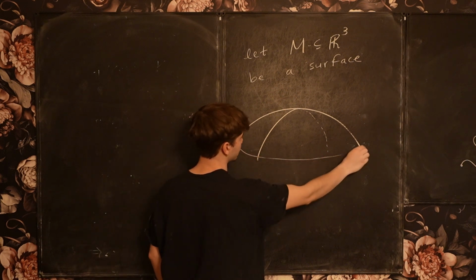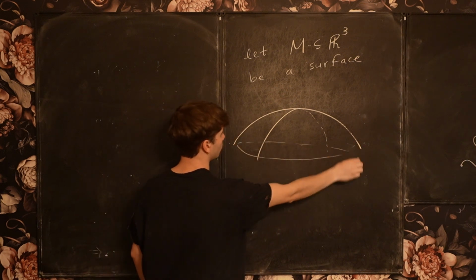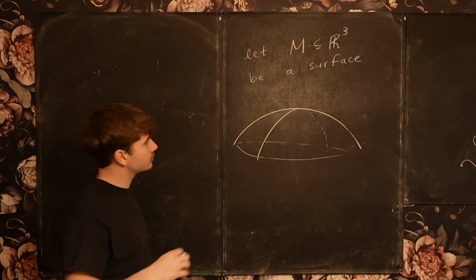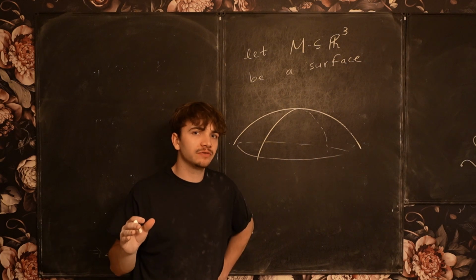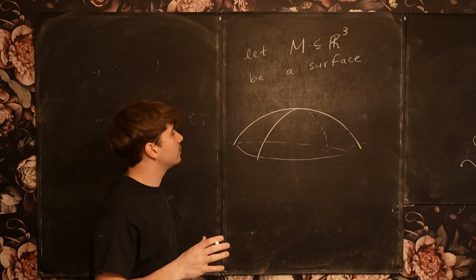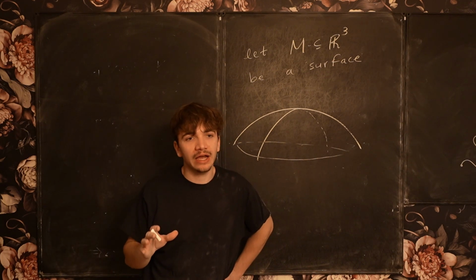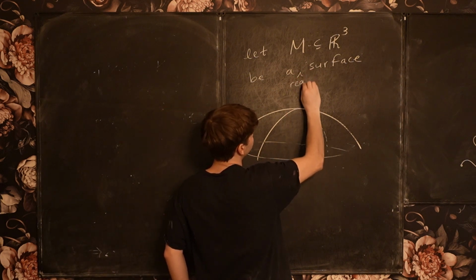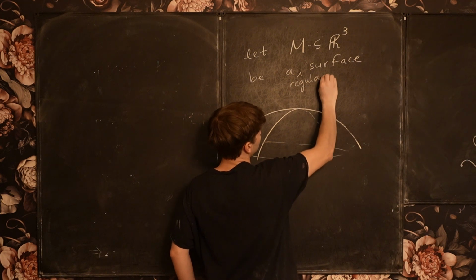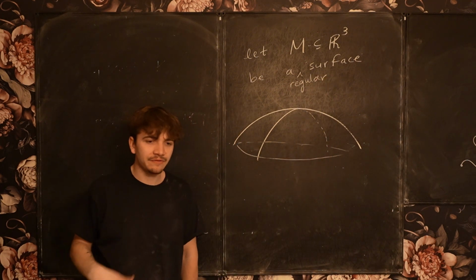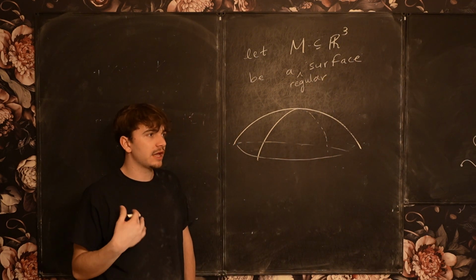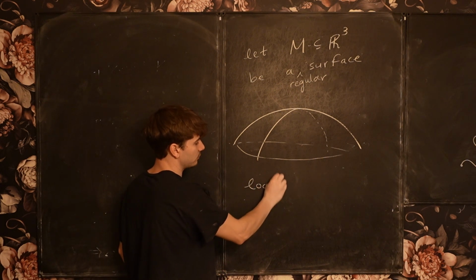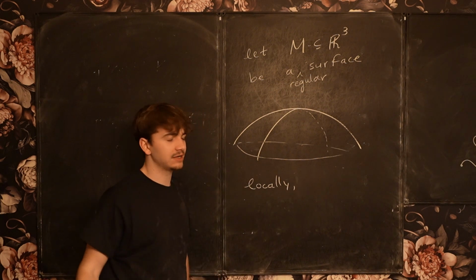Let's just draw a picture here. Okay, so we have some surface. Now, I want to understand the curvature of this surface. And locally speaking, we actually want this to be what's called a regular surface. And then the idea is that if you've taken manifolds, then locally this surface is of the form, and even if you haven't taken manifolds, you can still understand this.